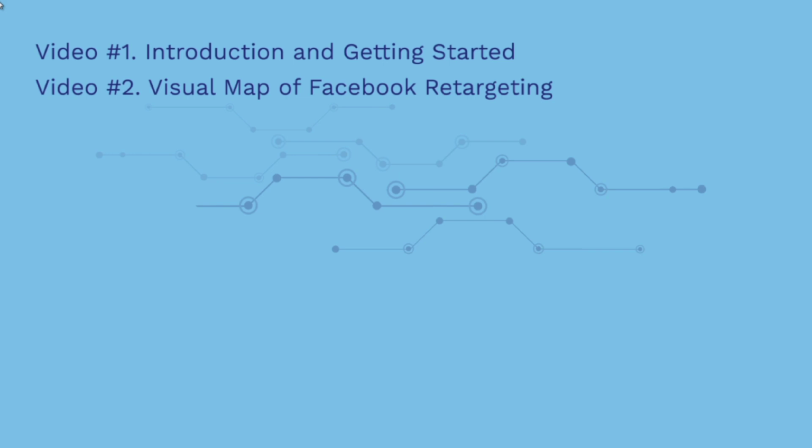Video number 2 is going to be a visual map of Facebook retargeting. What that includes is I'm going to show you how Facebook retargeting works. A lot of times people jump straight into showing you how to set things up. But unless you really understand how everything fits together, what connects to what, it's really going to become confusing.